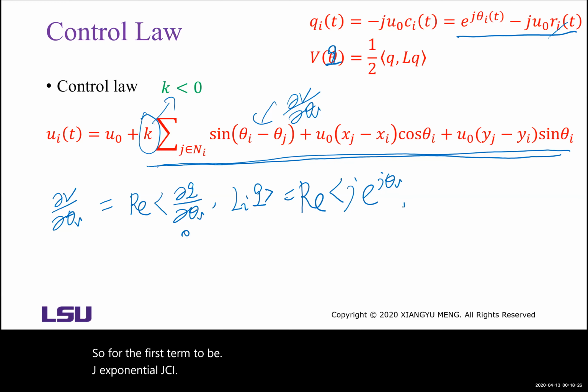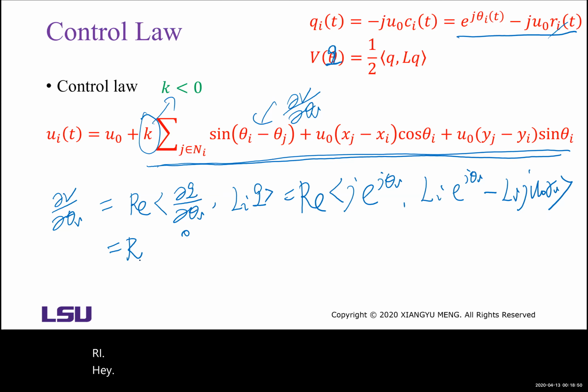Then for the second term, we can separate. We can have L I minus Li, J U0 Ri.